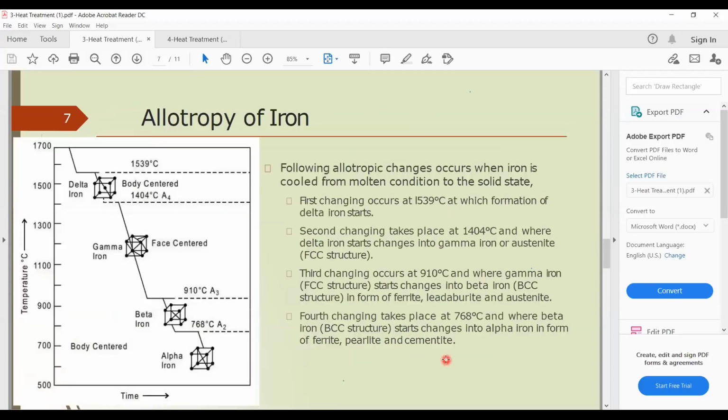Another topic is allotropy of iron. So here in the left side there's a diagram, right? What it means is you are heating that particular metal to a higher temperature. At the end of this lecture, I'll explain about the assignment, okay?